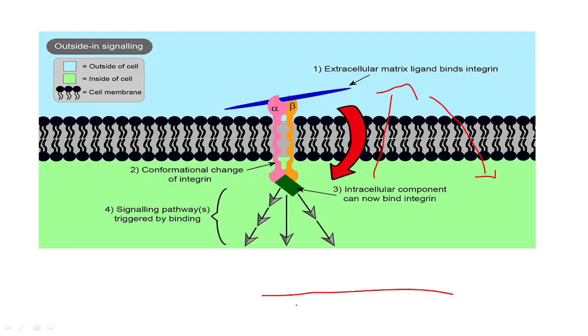Suppose this is the plasma membrane, this is the alpha subunit, and this is the beta subunit. When a molecule carrying a signal comes from outside the cell, the integrin activates and the alpha and beta subunits segregate from each other like this.